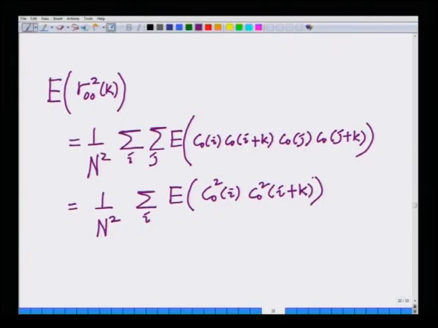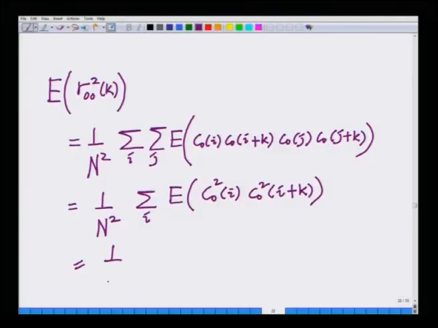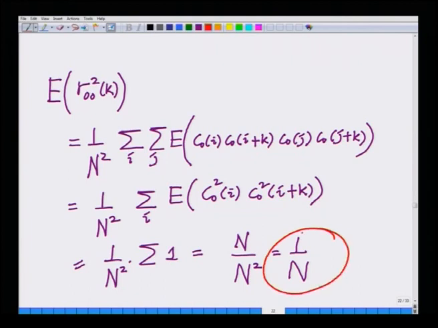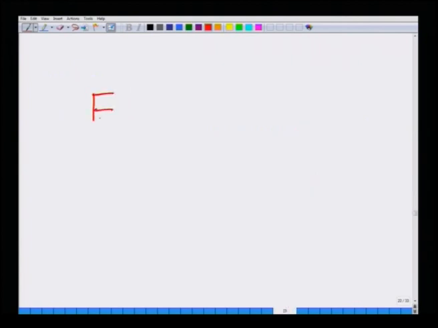Remember, C0i and C0i plus k are both plus or minus 1. So, C0 square i and C0 square i plus k are both equal to 1, hence this product is 1. So, this will become 1 over n square summation of 1, which is essentially n over n square, which is 1 over n. Hence, expected R00 square of k is 1 over n.